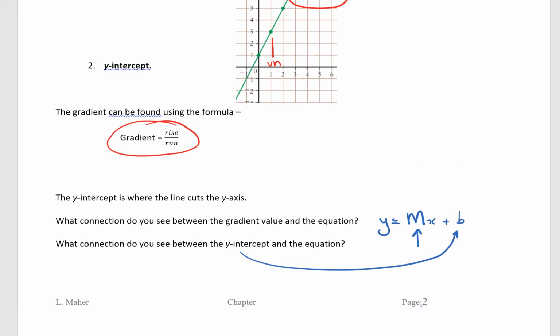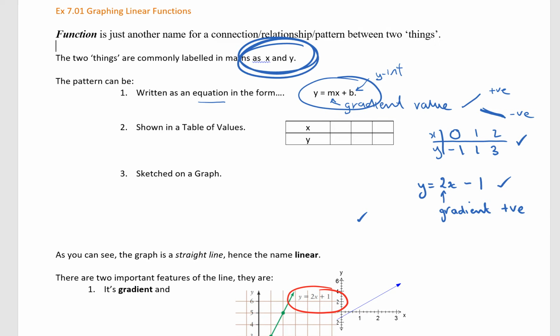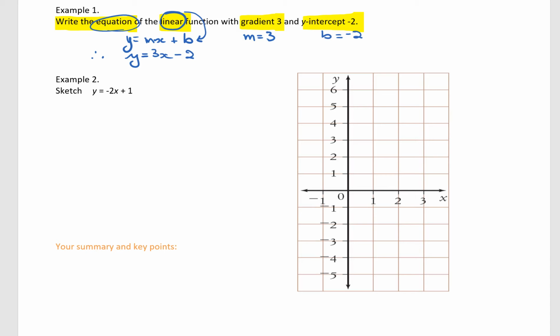Think back to when I said at the very beginning that in maths, a function is a connection between two things, and these things are usually denoted by the pronumerals x and y. So we expect to see x and y in our equation. And so back to here now, we've answered the question, we've written the equation.